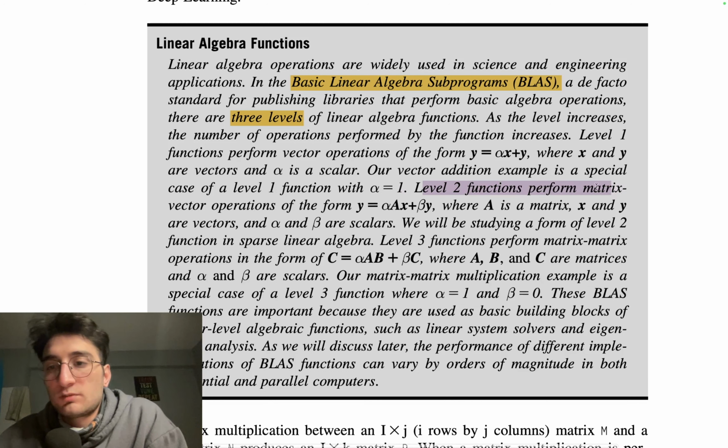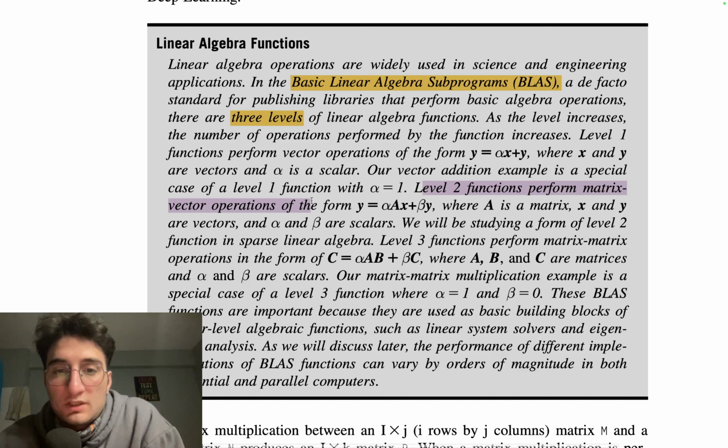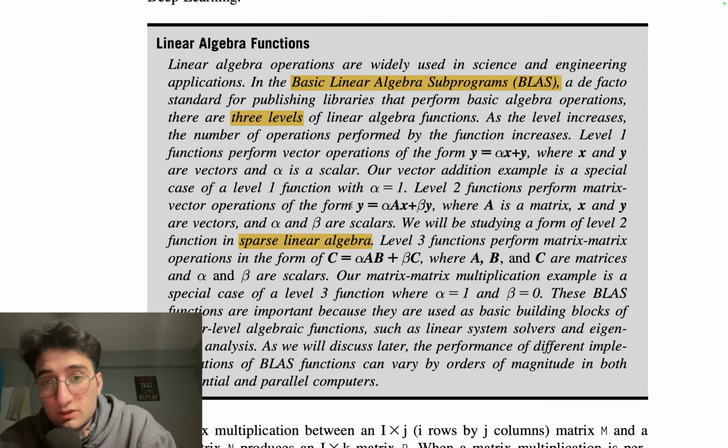Level 2 functions perform matrix vector operations of the form y equals alpha Ax plus beta y, where A is a matrix, x and y are vectors, and alpha and beta are scalars. We will be studying a form of level 2 function in sparse linear algebra. So the first level is vector addition.